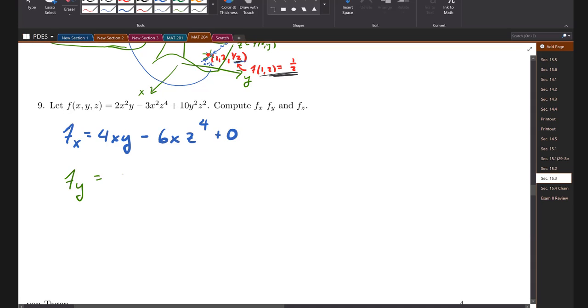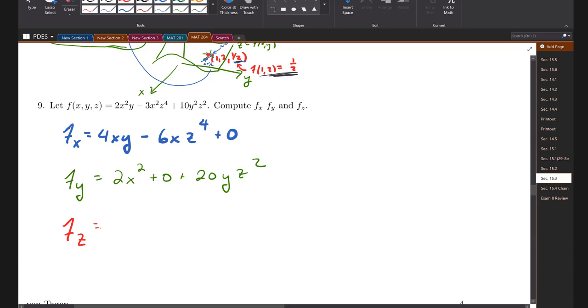So when I take the partial derivative with respect to y, we get 2x squared. I'm going to put plus 0 for that middle term, and then we get plus 20yz squared. And so here's the new one. Nothing really exciting, though, by jumping up another dimension.